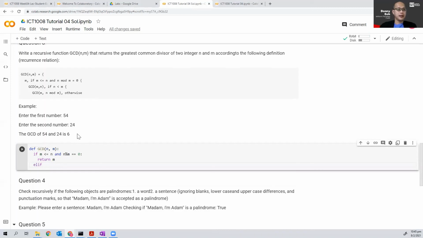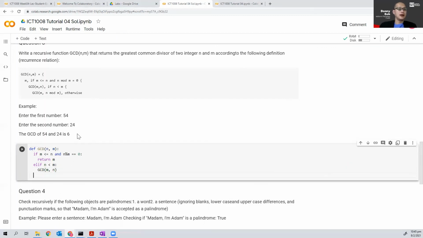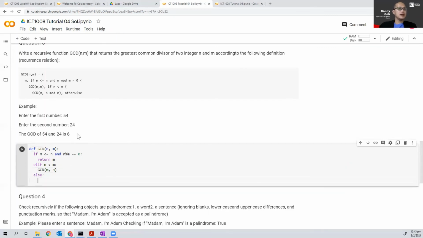Else if my n is less than m, I should swap my values, because I always want the bigger value to be in front. Else, the last else will be I have to do a GCD of m, n mod m, and that's all.